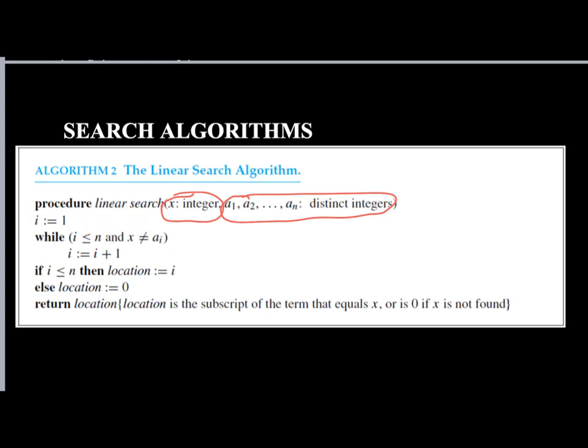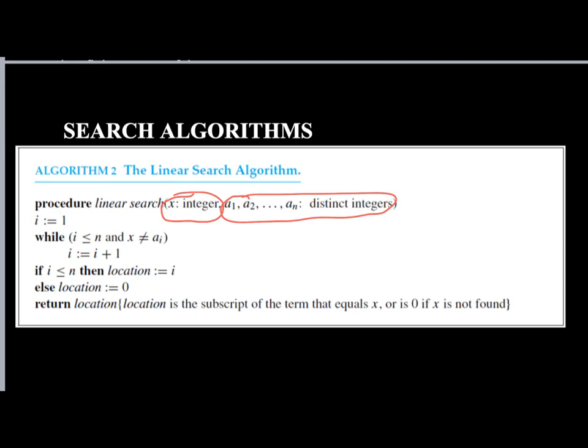So the while loop is only going to occur when both of these are satisfied. As long as the current value of I, your index, is less than or equal to n, and n is the number of elements in this list, as long as your index is smaller than the number of elements in your list, and x, this input, is not equal to AI, then you're going to increase your index by 1.